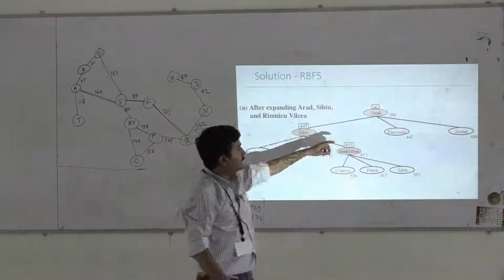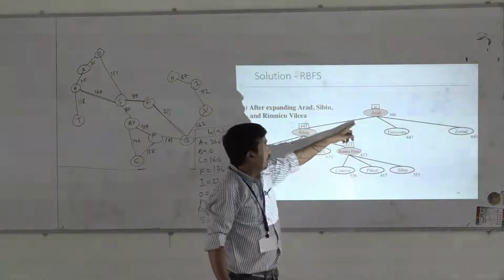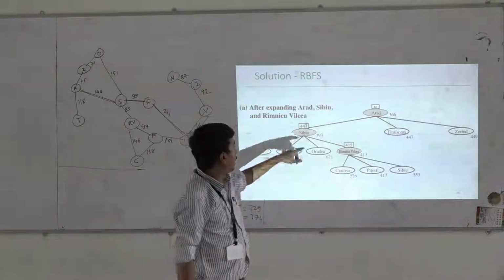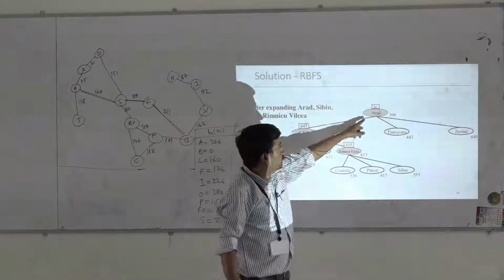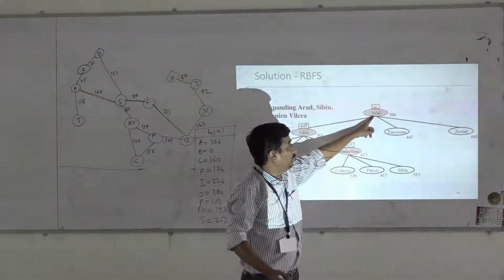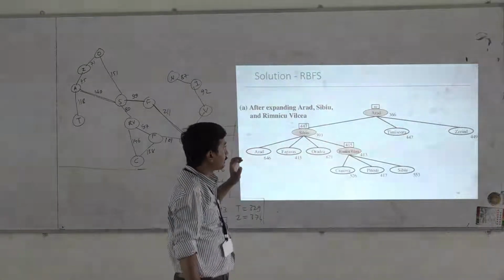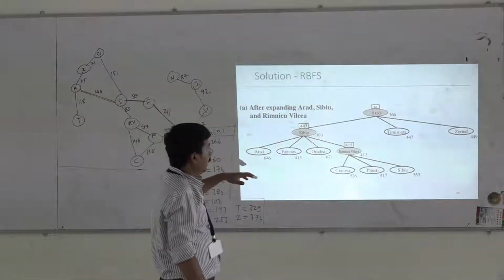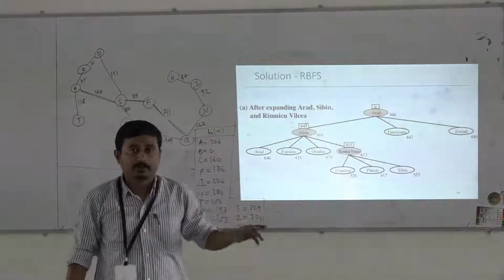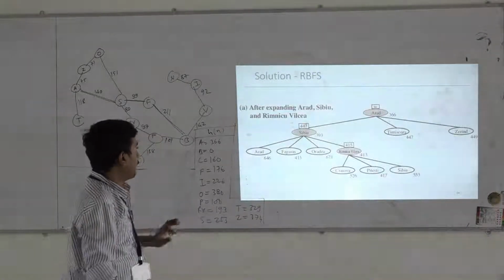So at every node we will store the f limit value. As A is our source node, we are indicating f limit in this box. As there is no alternative for A city, its f limit value will be infinity. Its evaluation function is the same, f of n equals g of n plus h of n.